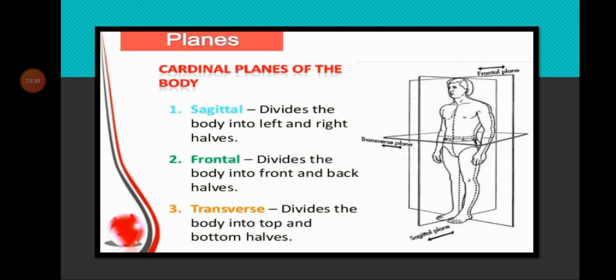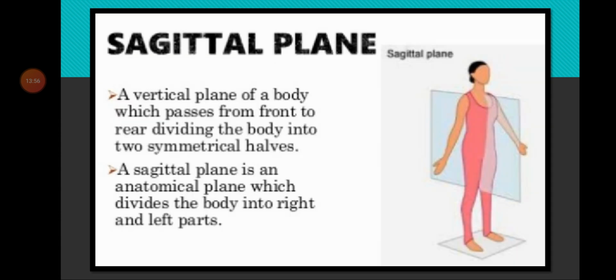Transverse divides the body into top and bottom halves. So you can see that there are three types of planes: sagittal, which divides the left and right halves, dividing the body into exact half. The second one is frontal, that divides the body into front and back. And transverse divides the body into top and bottom halves.